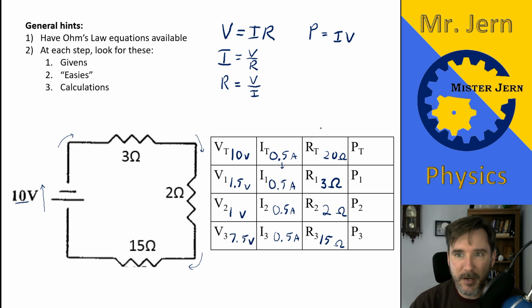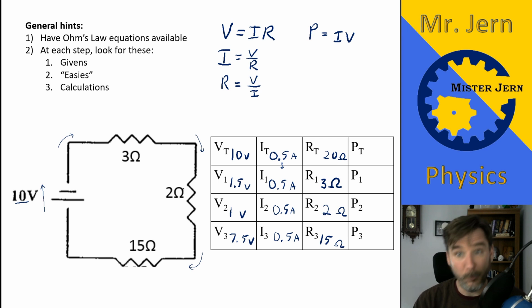And we could double check ourselves here because this is a simple circuit and it's wired in series. One thing we should know is that the total voltage is going to be the sum of the voltage drops across each resistor. So it starts at 10 volts of electrical potential difference, and it drops 1.5 at the 3 ohm resistor.